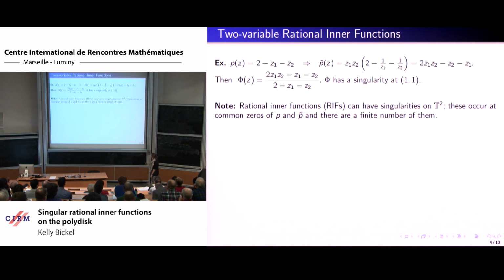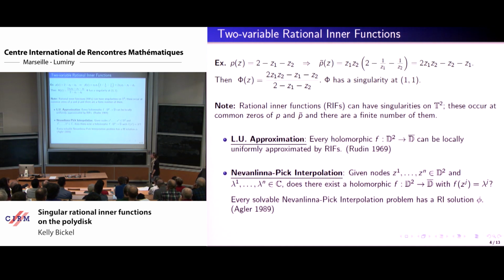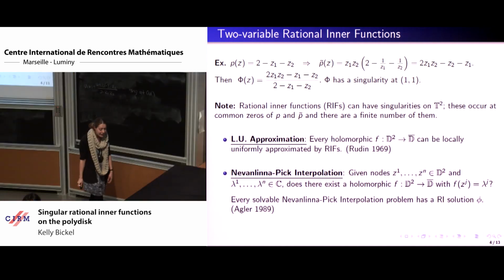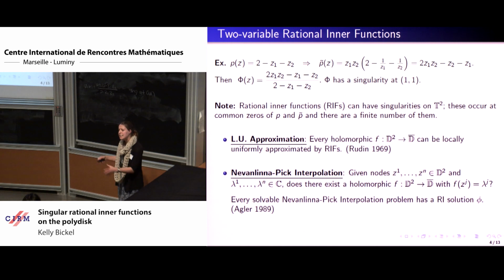So before I get into that question, I just want to mention a couple of reasons why we might want to care about rational inner functions, at least in the setting of two variables, because first I'd like to highlight the results that we have in the two variable setting.